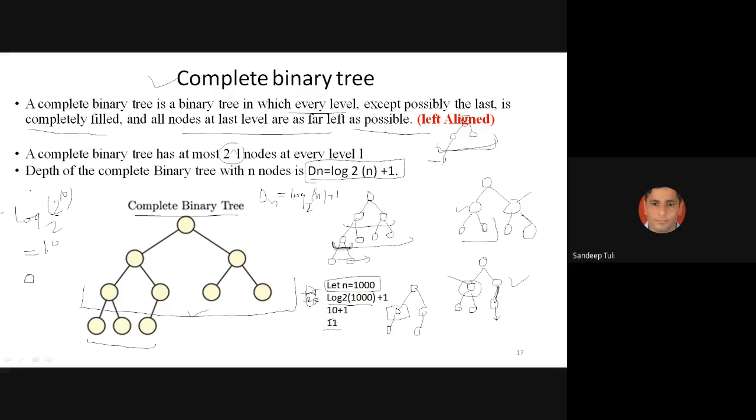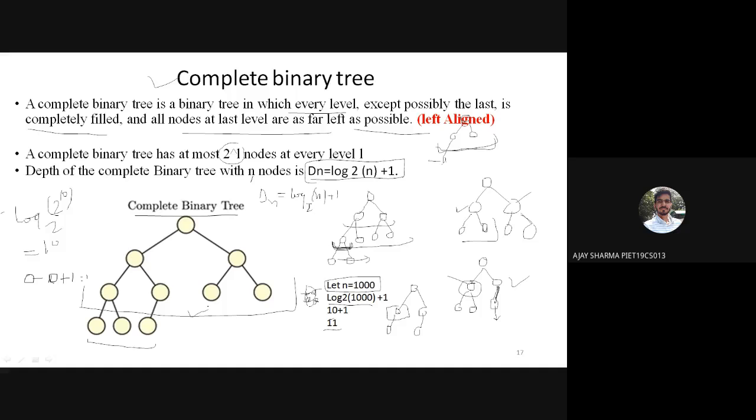Yes, this is the depth of the complete binary tree with n nodes. So if there is one node, what will it be? Log 1 is 0, and 0 plus 1 is 1. So the depth is 1, and for a single node the depth is always 1, because the level is 0, so the depth is 0 plus 1. So for a single node, we can say it is left aligned. Yes, definitely, sir, it is left aligned.